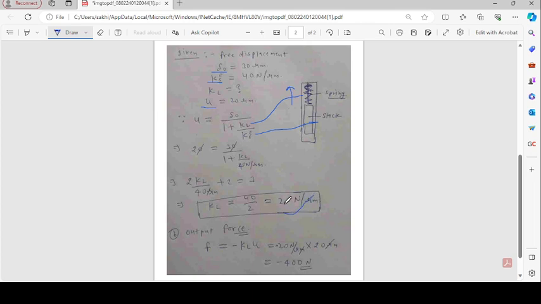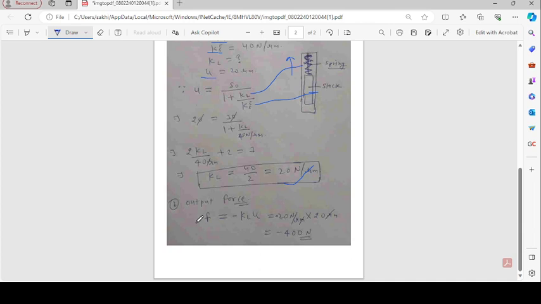So stiffness multiplied by displacement, k_l multiplied by u, is the output force of the preloaded stack. It comes out to be minus 40 newtons, and the minus sign is for compression. It is the compression force.